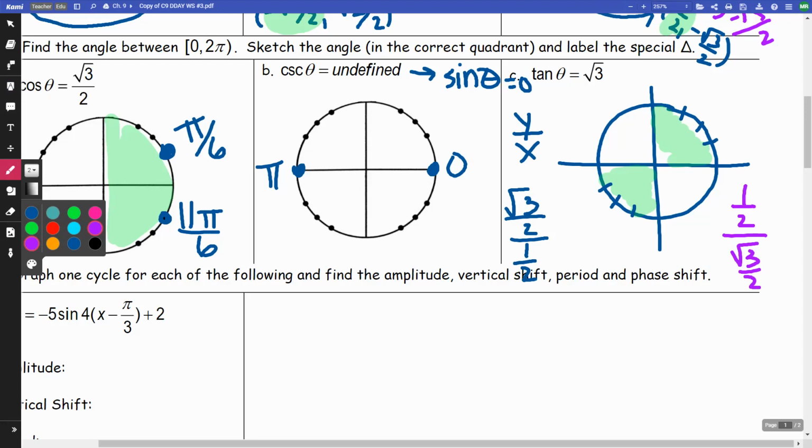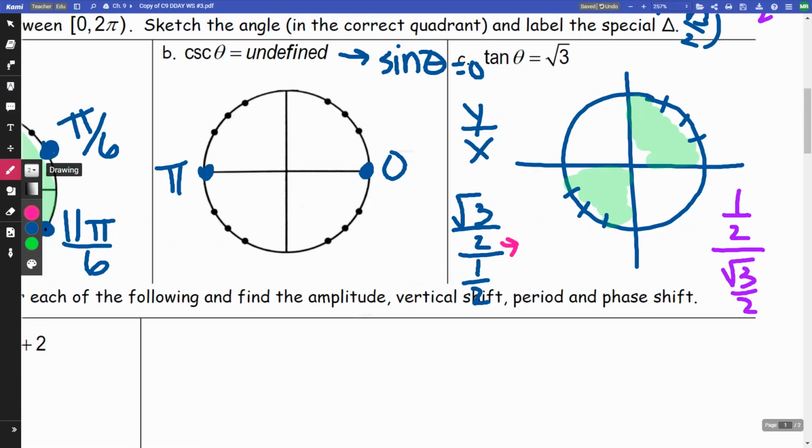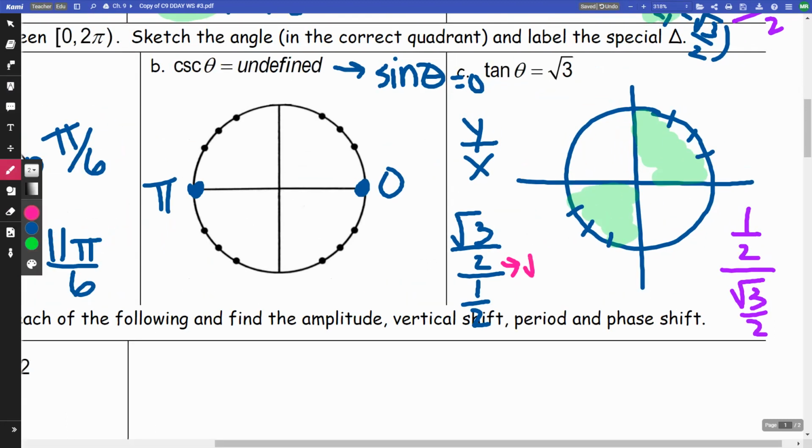If I'm dealing with the first one, that is root 3/2 times the reciprocal of 1/2, which is 2.